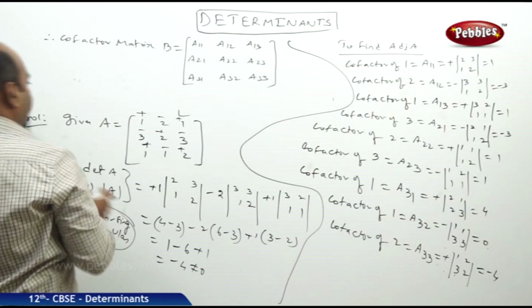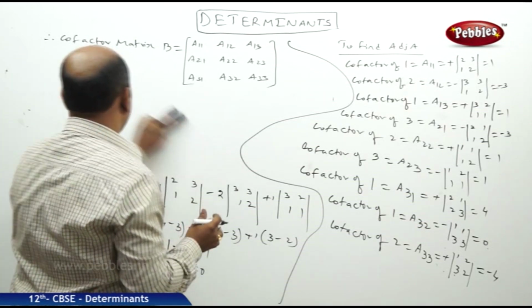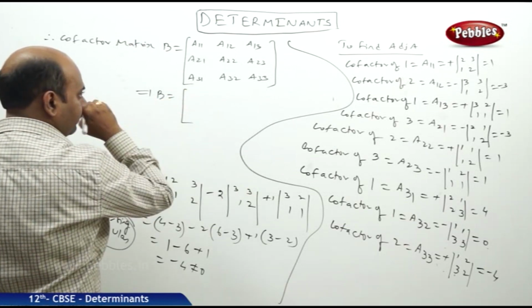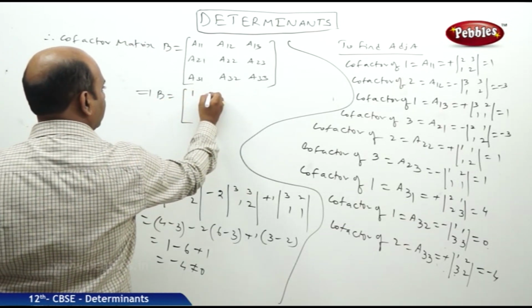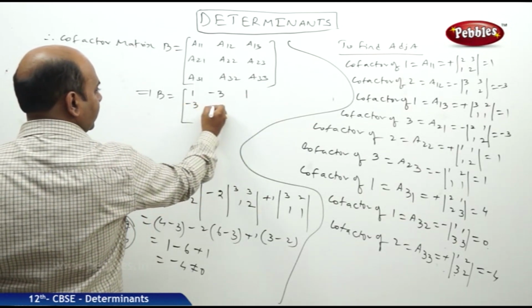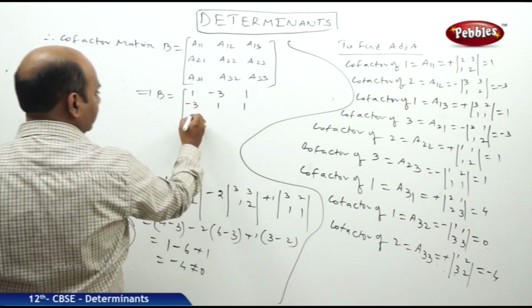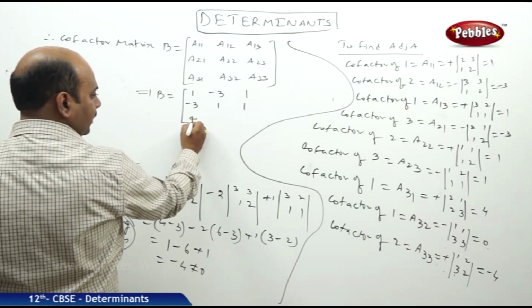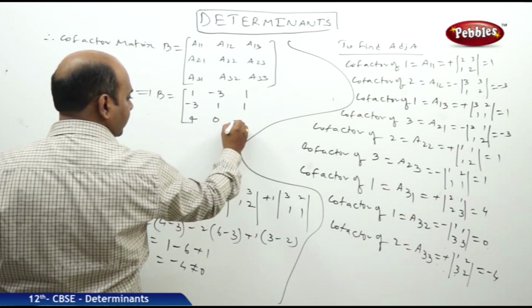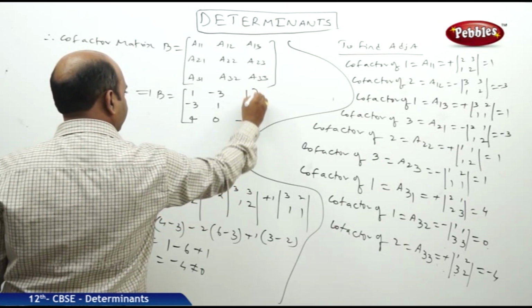Now in place of those I need to write, that implies capital B is equal to A11 means 1, later minus 3, later 1, later minus 3, later 1, later 1, later 4. I got A31, A32 means 0, and later A33 means I got minus 4.